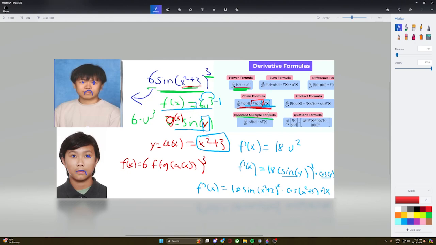And then you realize that cosine also has a function in it. So you do the thing again, but since cosine is already a derivative, you ignore this part and just multiply it by the derivative inside. Just x squared plus 3 turns into 2x. Oh, bang! Just like that. Okay.